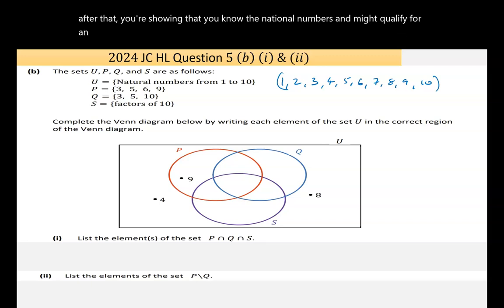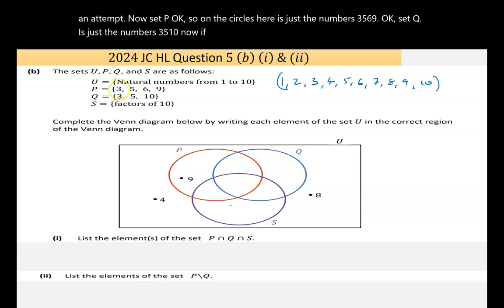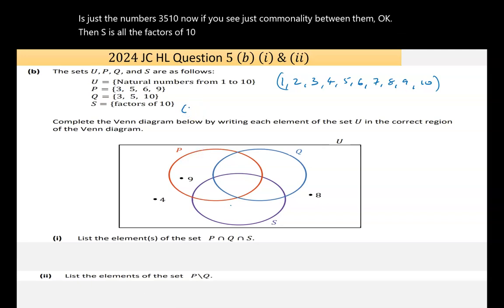Now set P, okay, so on the circles here, is just the numbers 3, 5, 6, 9. Set Q is just the numbers 3, 5, 10. Now, you see there's commonality between them. Then S is all the factors of 10, so definitely put them in. So the factors of 10 would be 1, 2, 5, and 10.